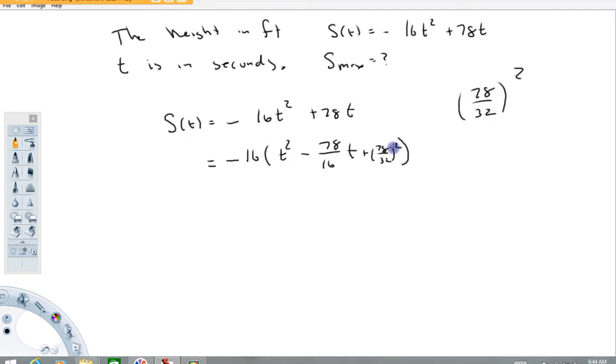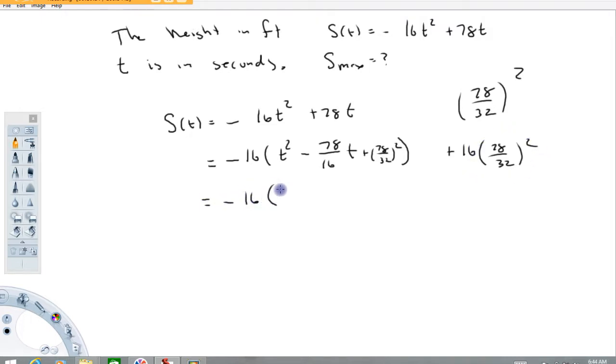And now, got to maintain equality, being careful. What we added here, we added the 78 over 32 squared, and there's a minus 16 here, times that. So over here, let's put plus 16 times 78 over 32 squared. And again, this is just some number.